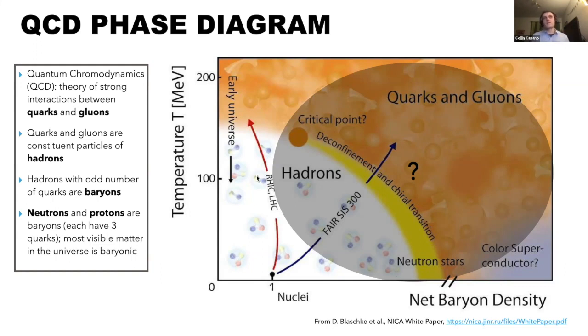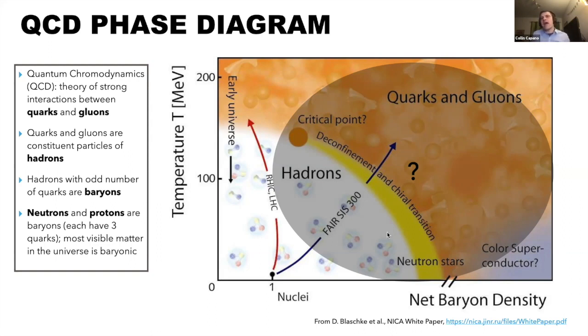Based on things like lattice QCD and particle accelerators, we have some idea of what happens at higher temperatures. In particular, we expect that as you go to higher temperature and higher density, the quarks inside the baryons become deconfined. You can basically think of it as the neutrons and protons melting into a quark gluon plasma.